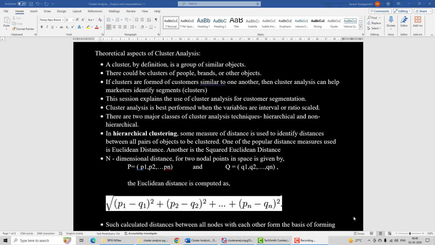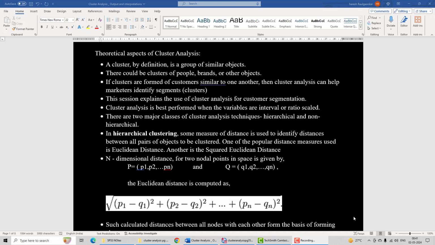One of the popular distances is Euclidean distance, another is squared Euclidean distance. Now, if you imagine two points P and Q in n-dimensional space, then P1 is the coordinate on one axis, P2 on another axis, up to Pn on the nth axis, and Q's coordinates are Q1, Q2 up to Qn.